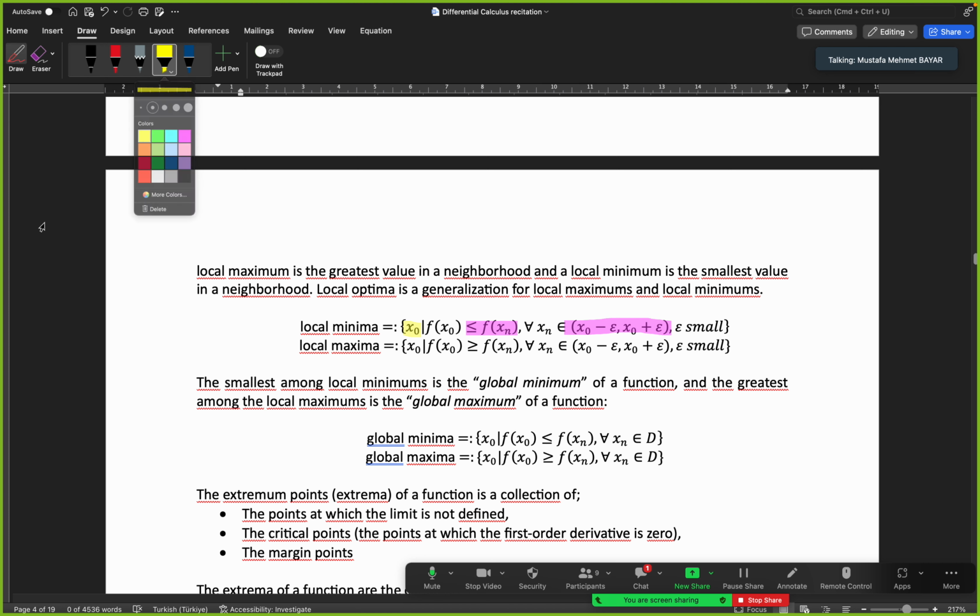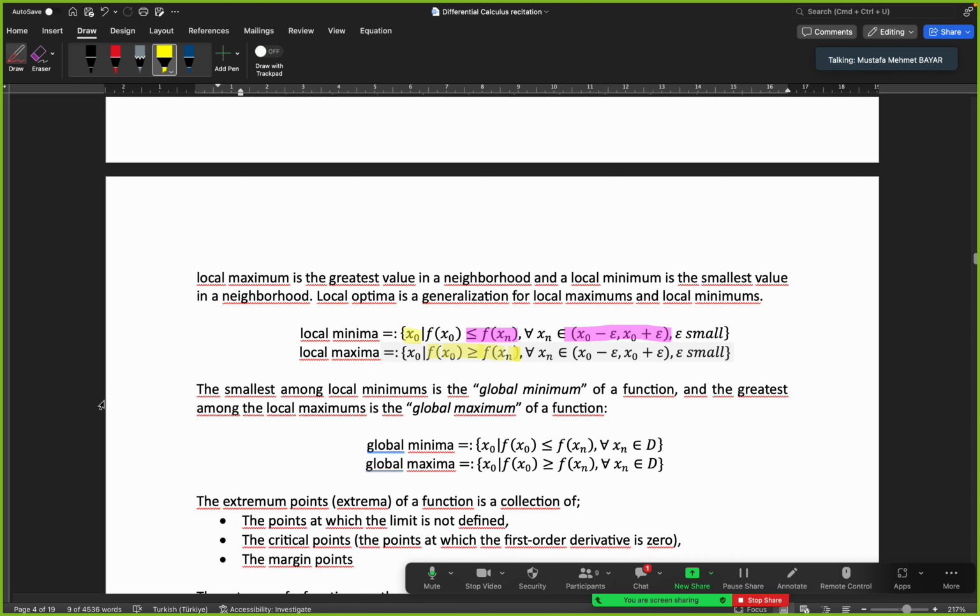So if this is the case, then x0 is the local minimum. Similarly, if there are no greater values xn's around x0, then x0 is a local maximum. So for local optima, these values are relatively good within their neighborhood.